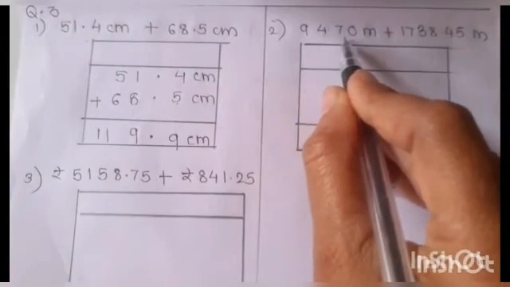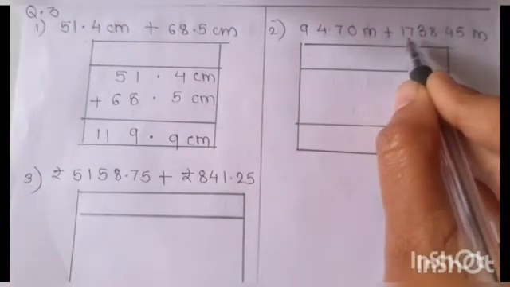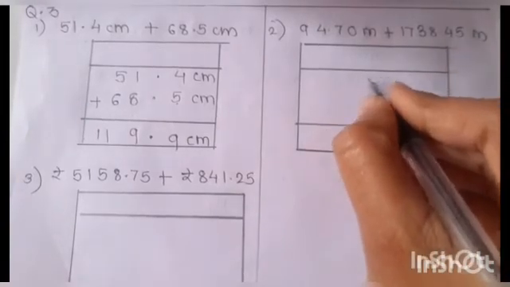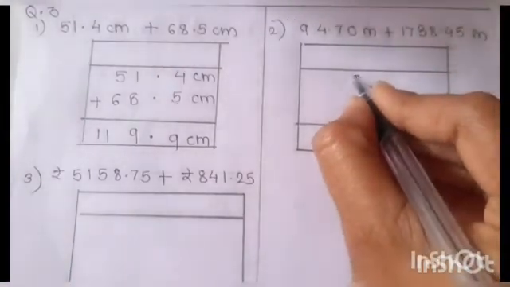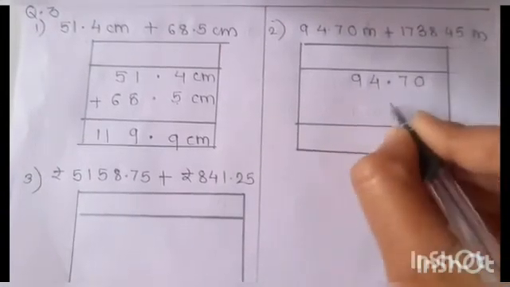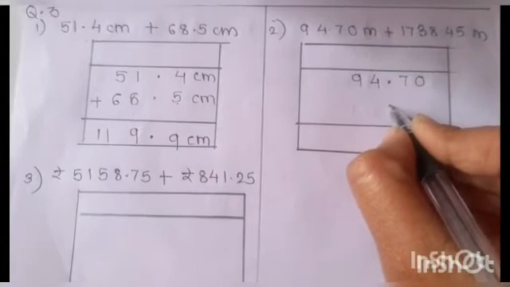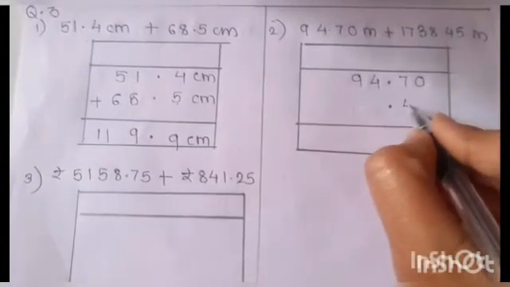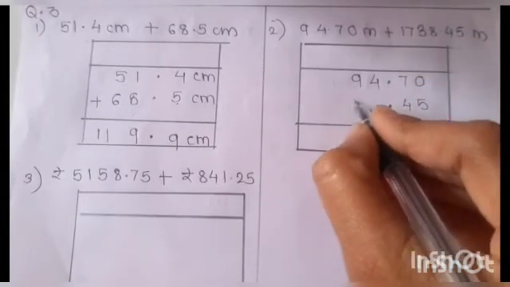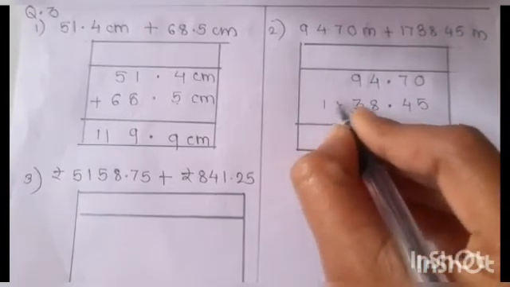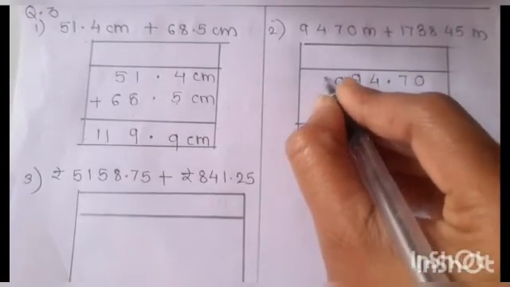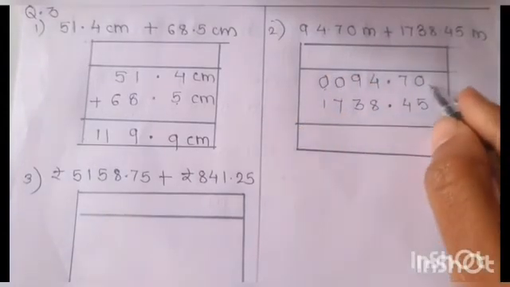Second one. Now you can see here, first they have given 94.70, put point under point, 4, 5 you will write as it is. Now here they have given 1738. Now here there is no digit, so you will put a 0. Meter.